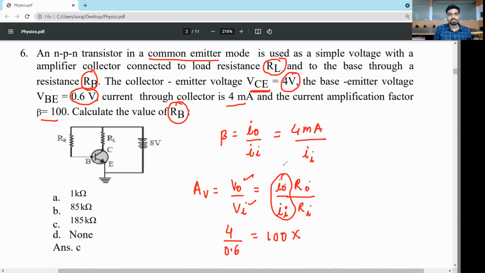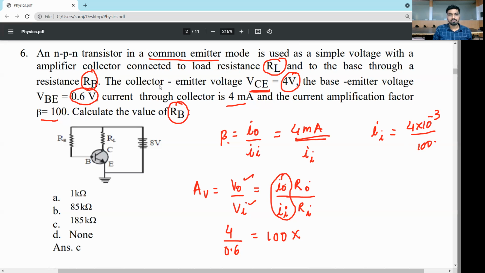Yeah, very simply we can find. No need to do all this. Beta is given. I input will be how much? I input will be 4 into 10 power minus 3 by beta. Beta is 100. That means 4 into 10 power minus 5. I input is 4 into 10 power minus 5.